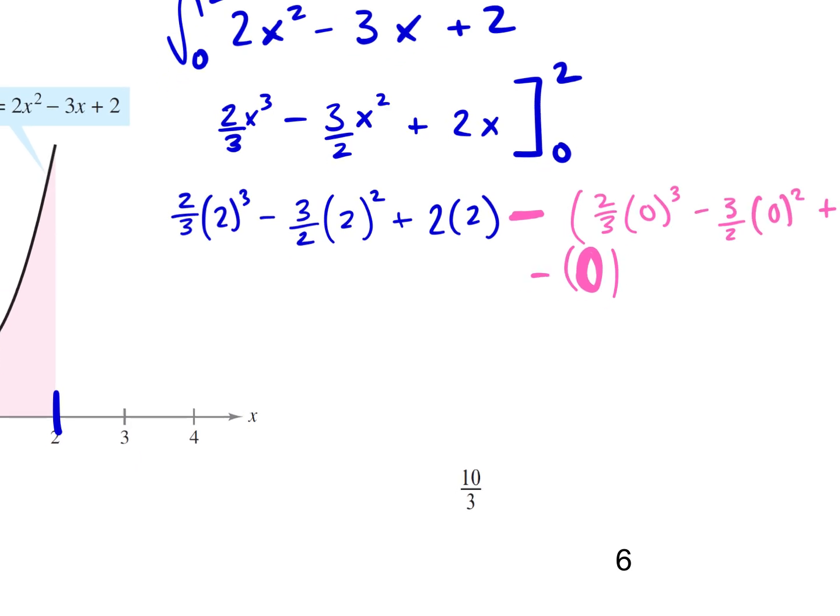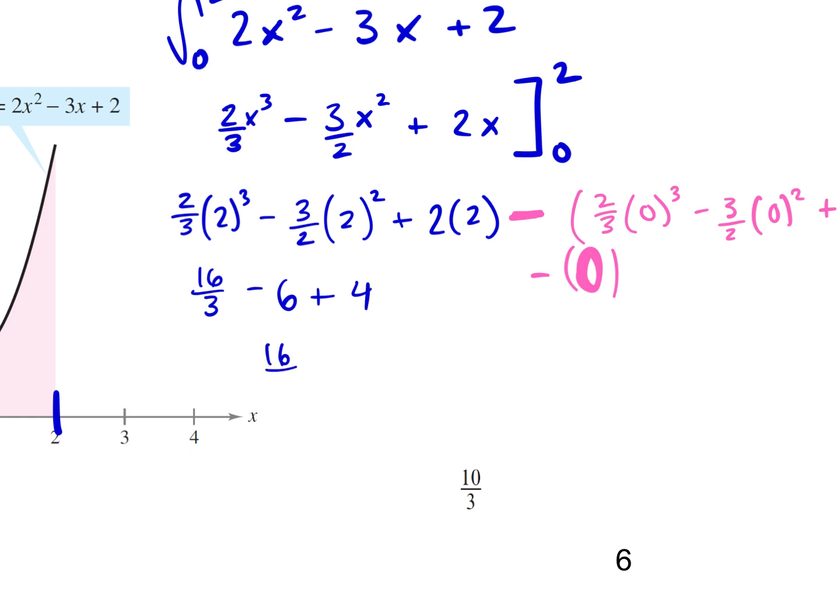So we really just have to do the math with our left side here. 2 cubed would be 8. So this turns into 16 over 3. 2 squared would be 4 times 3 would be 12. And 12 over 2 would be just 6, so minus 6 plus 4.